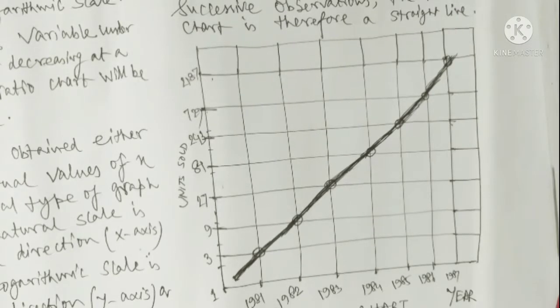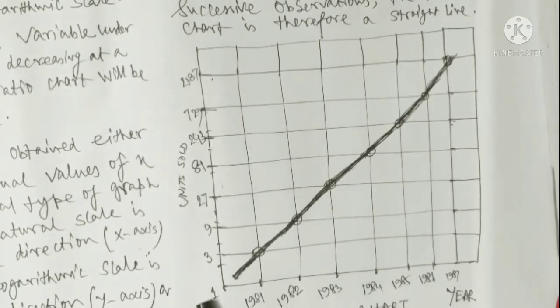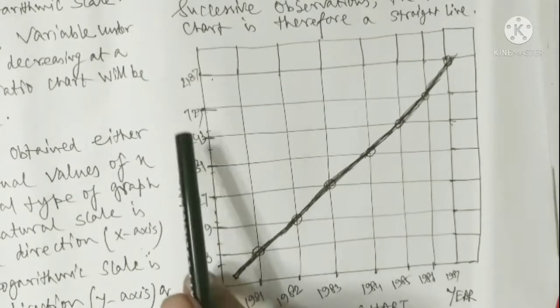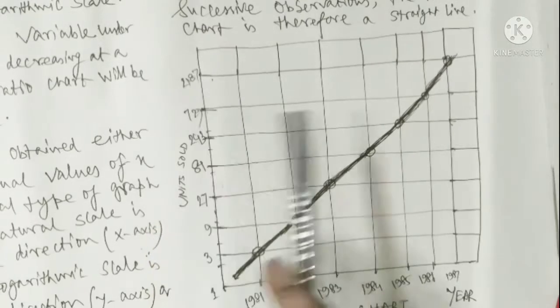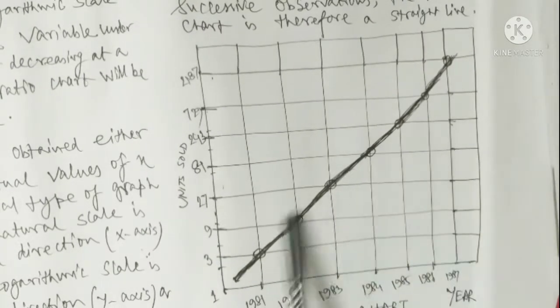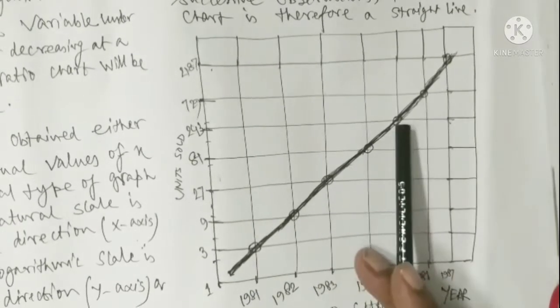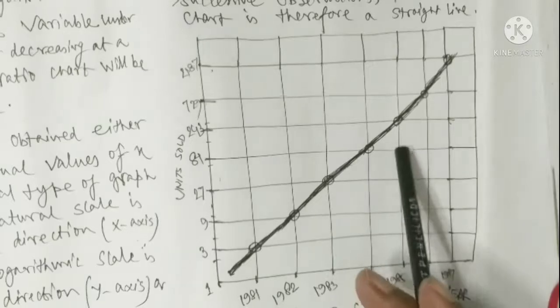Along the x axis we use 81, 82, 83, 84, 85, 86, 87. Along the y axis 1, 3, 9, 27, 81, 243, 729, 2187. Plotting these points we get this line. This is a hand measurement, and we get a straight line.